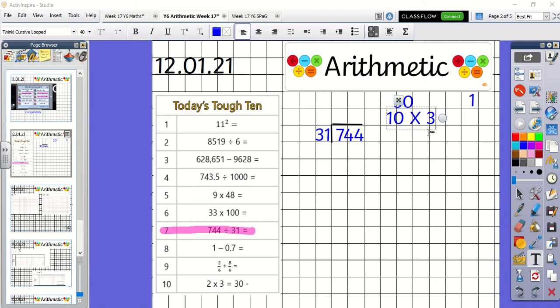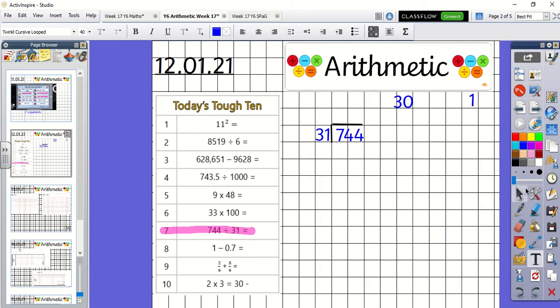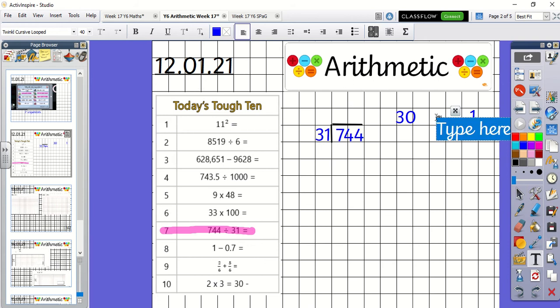Okay then, so I know that that's 10 times 3, but to help me with my long division, your partitioning, we're going to partition that even further. So we've got 31, so you've got 30 and you have got 1. So an add symbol is going to go in between. There we go. Excellent. Okay, so 31 is 30 add 1.